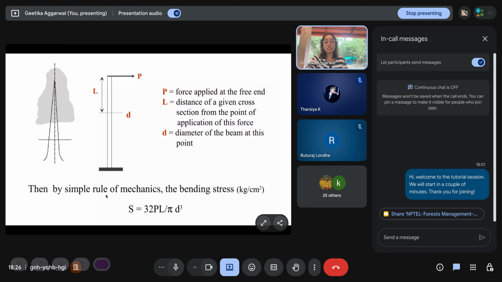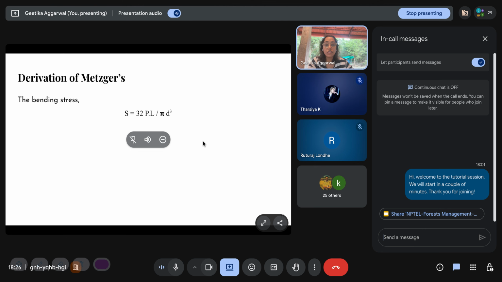So then by the simple rule of mechanics, the bending stress, which is in kg per centimeter square, is given by this formula, which is S is equal to 32 PL divided by pi d cube. Coming to how this formula gets derived, basically this 32 PL comes from some mathematics, and P, as we said, is the force that is applied by the wind.